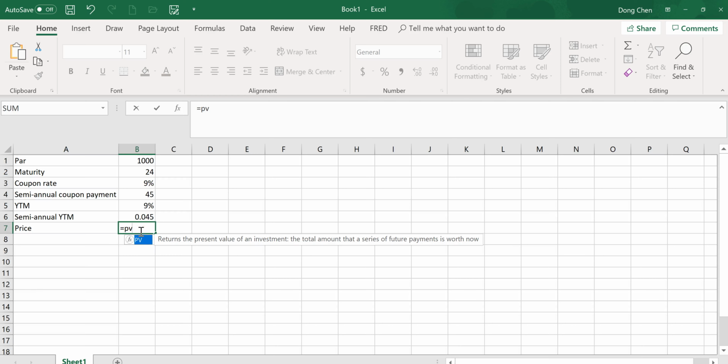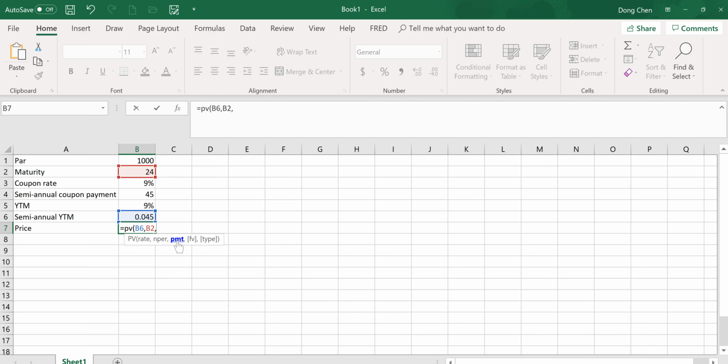So we can just use the PV function in Excel, open parentheses. The first argument is simply the discount rate, that's the semi-annual YTM. And the second argument is the number of payments, which is basically the maturity in terms of semi-annuals.